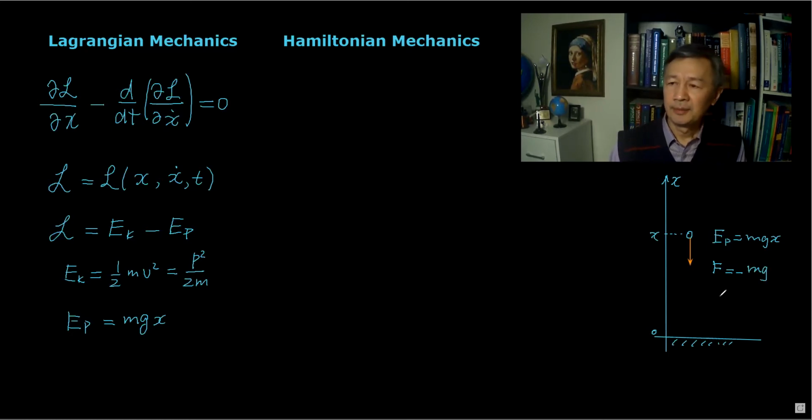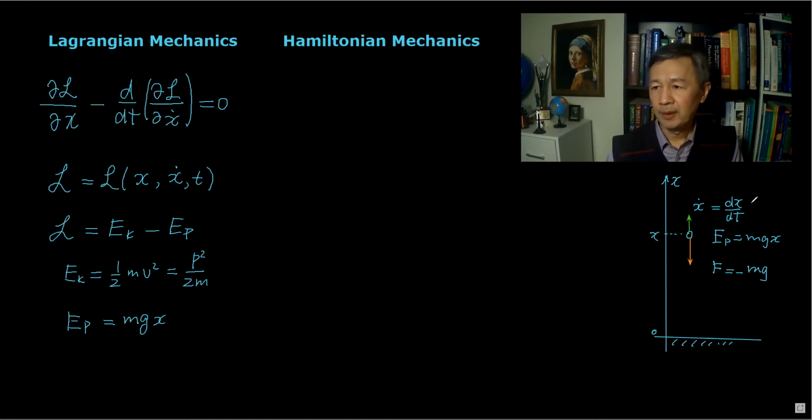And that's it. Of course, this object may have a certain velocity, say upward or downward. So at this particular moment, we just assume that the instantaneous velocity is upward. So how can we describe it? We can either use x dot, which means the first derivative of the coordinate with respect to time, or you can describe this upward vector by using the momentum.